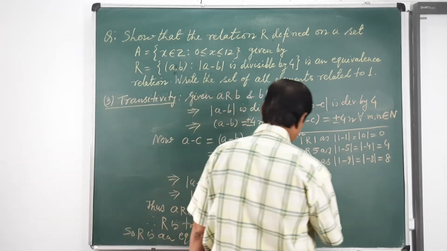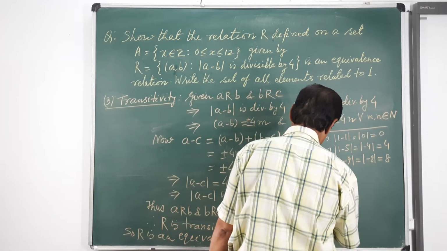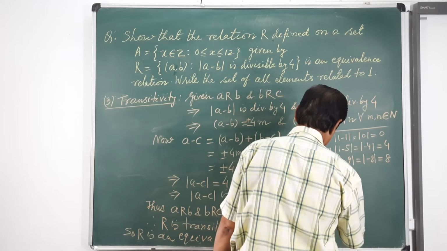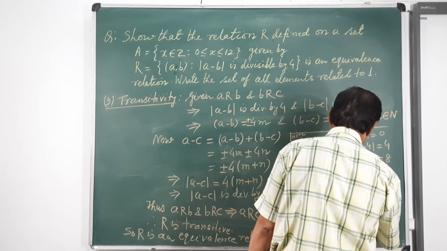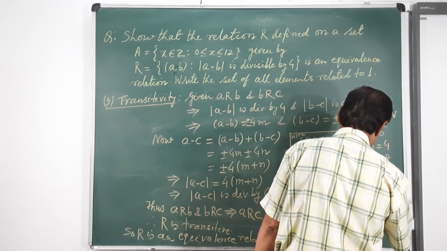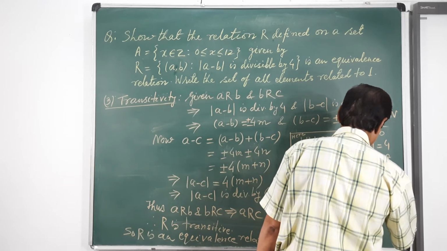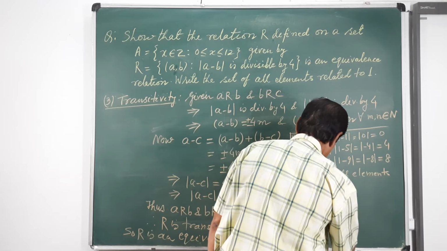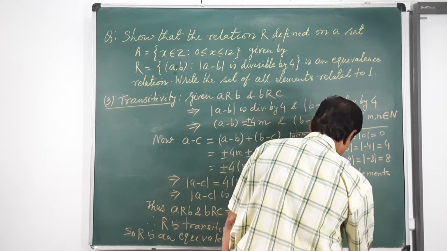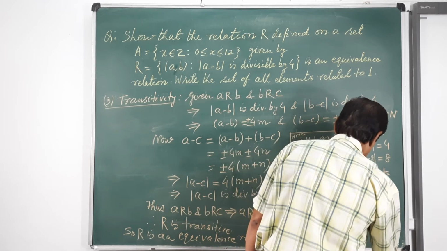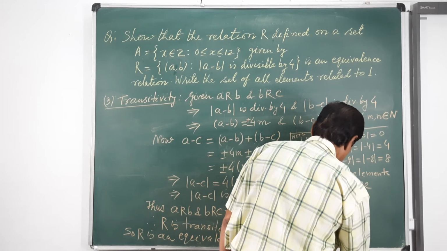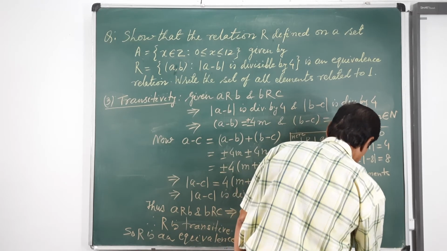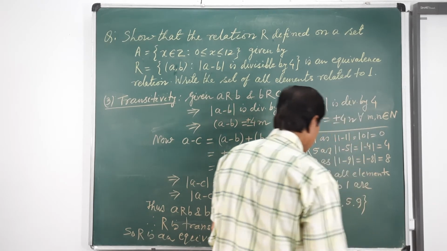Therefore, the set of all elements related to 1, written in set form, is {1, 5, 9}. This is your answer.